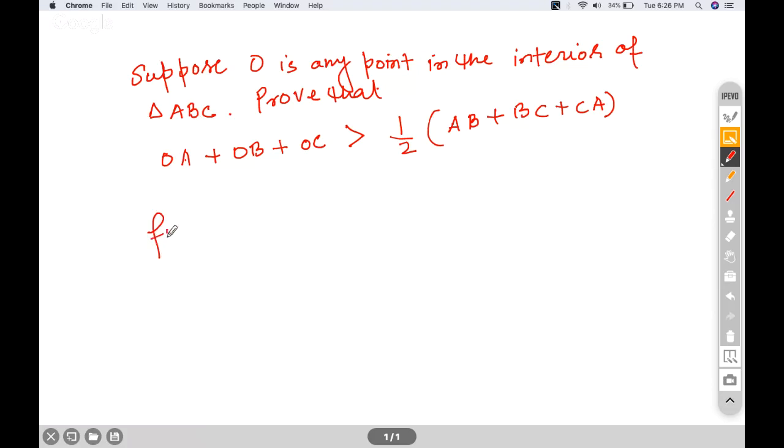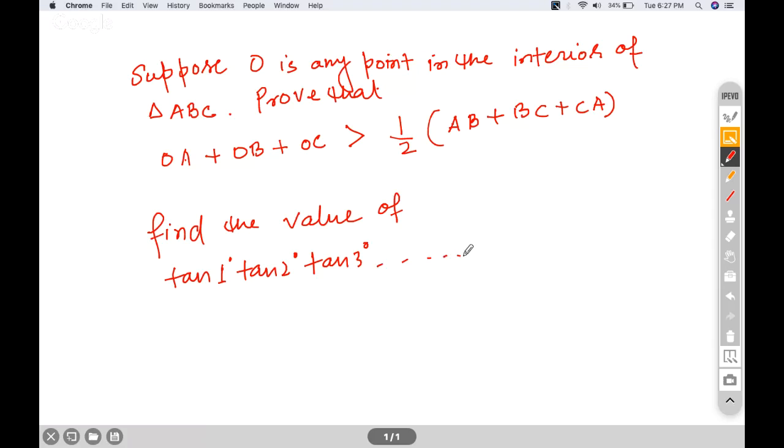Find the value of... solve the question I've written on the board.